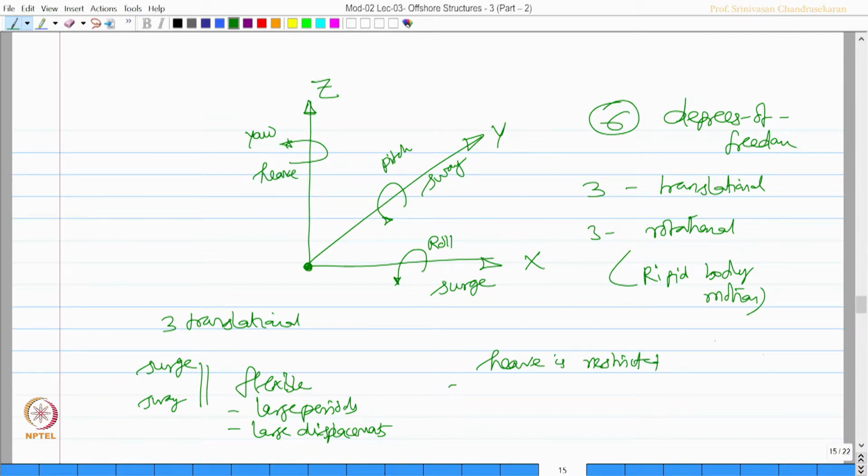Similarly, in 3 rotational, when surge and sway are free, rotation about surge axis and rotation about sway axis, that is pitch and roll, are restrained. Since heave is restricted, rotation about heave, that is yaw, is free, is flexible.